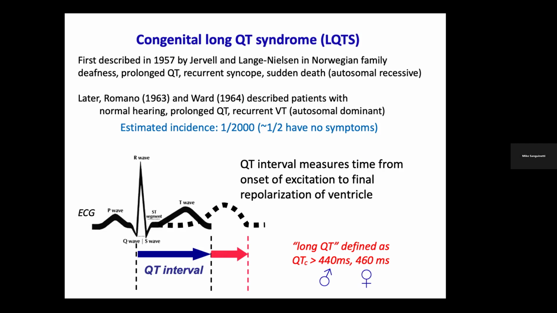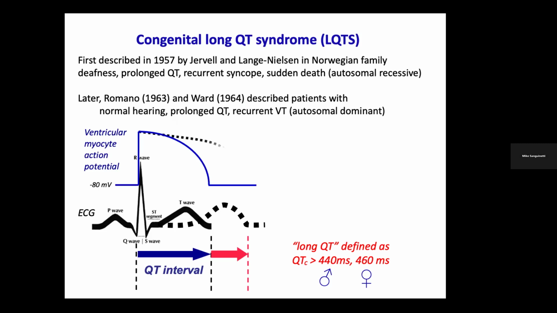And a long QT, where the T wave is prolonged, is defined as a heart rate corrected QT interval greater than 440 milliseconds for men or 460 milliseconds for women. So they have a longer baseline. And again, as I just mentioned, the T wave really just represents prolongation of the ventricular action potential throughout the tissue.